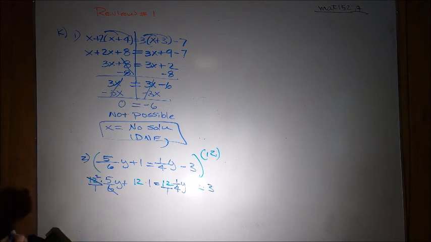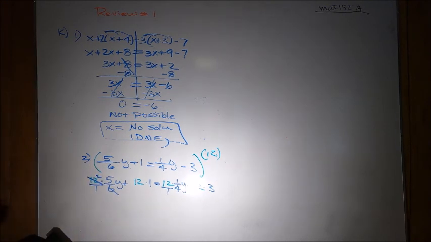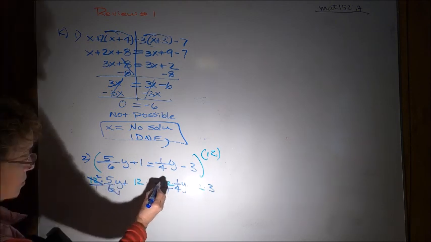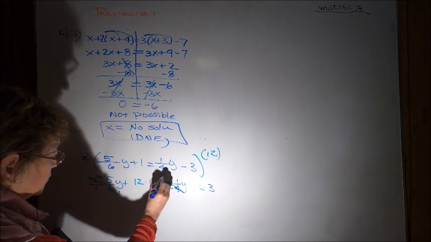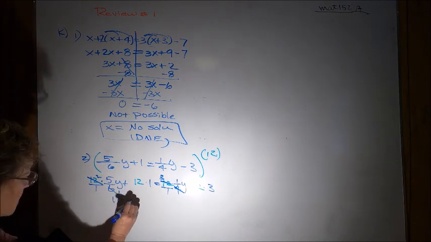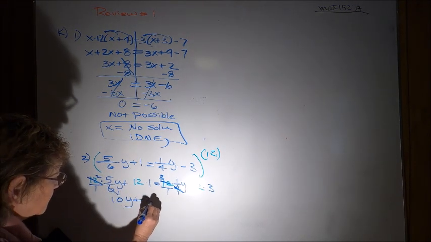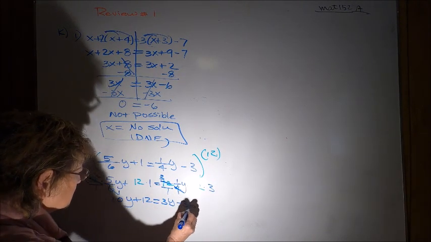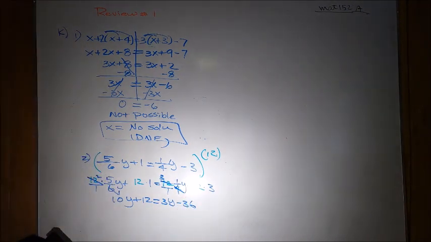Then before you multiply straight across, you always what? Cross cancel. Cross cancel with 12 and 4, that would be 1. So this would be 10y plus 12 equals what? 3y minus 36. Is that right?